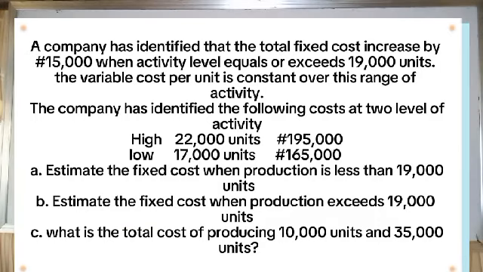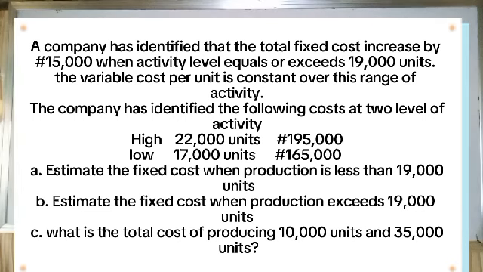Let's go. We have a question. Let's read together. A company has identified that total fixed costs increase by 15,000 when the activity level equals or exceeds 19,000 units. The variable cost per unit is constant over this range of activity. The company has identified the following costs at two activity levels.